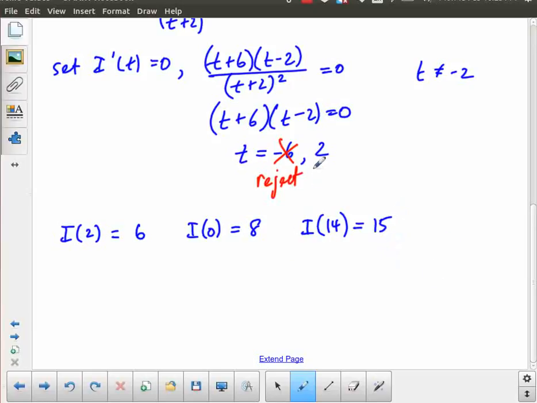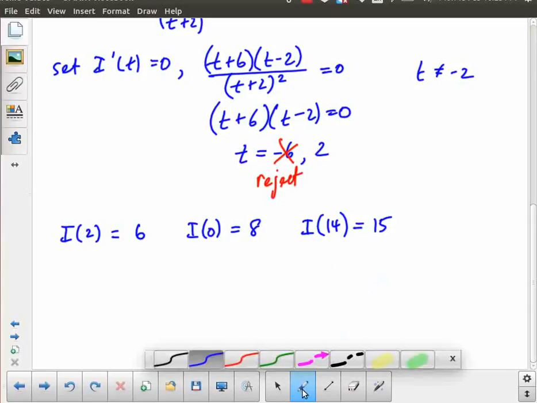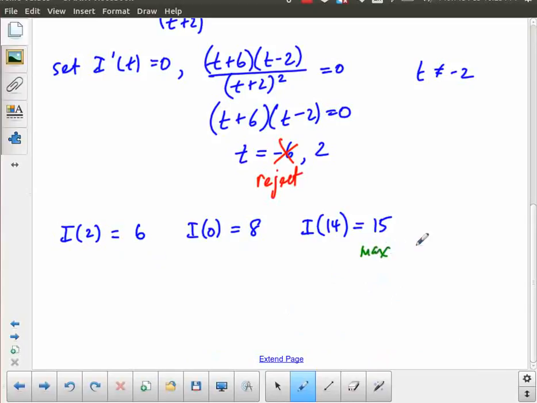So when do we have extremes? Let's mark these off. What's our maximum? Our maximum occurs here at t equals 14. And what's our minimum? It was actually our local minimum.